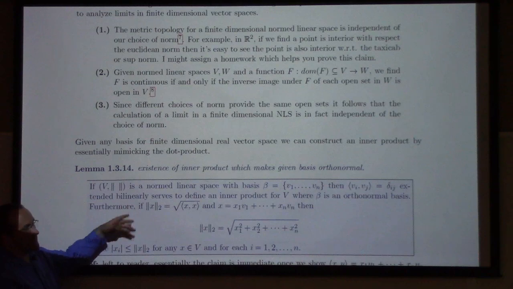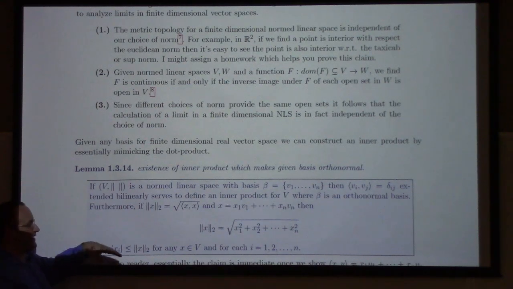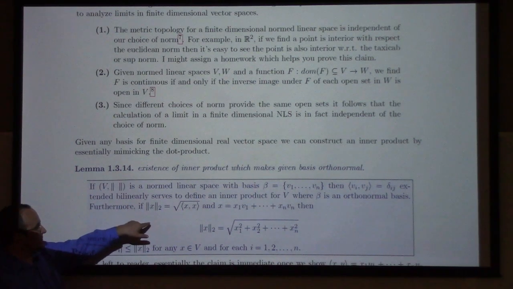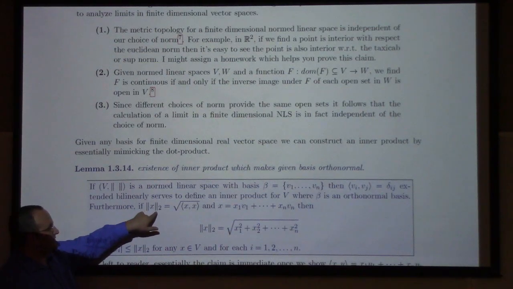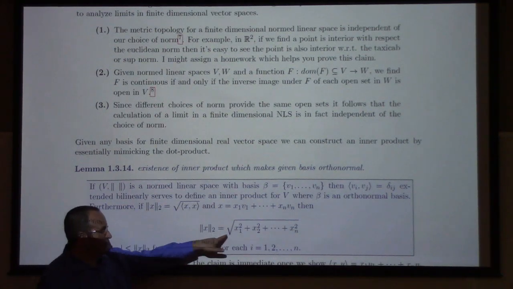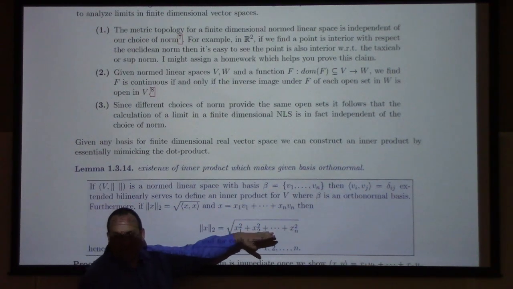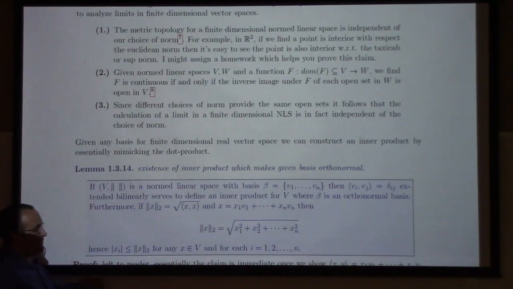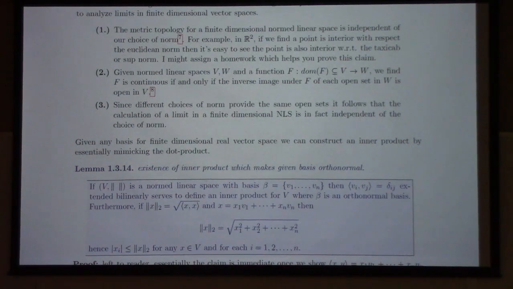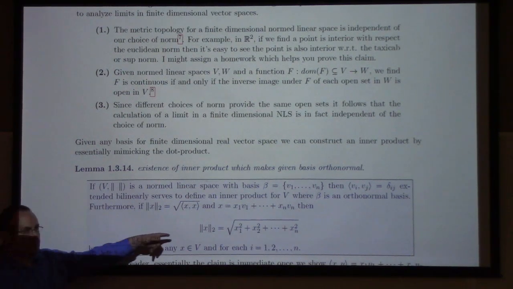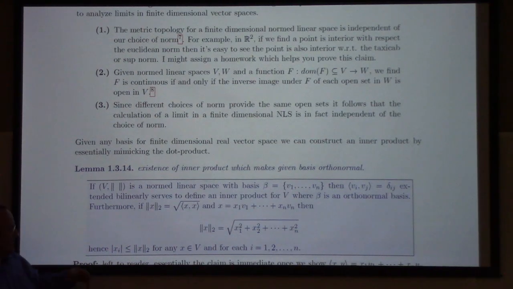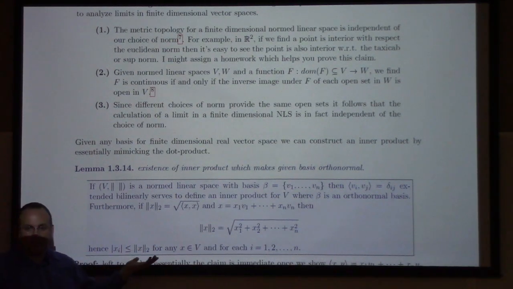I define an inner product, which is like a generalized dot product, by just saying the length of x is simply the square root of the sum of the squares of the components. This will define a norm on the vector space with basis beta, right? That doesn't have to match the norm which is given in the abstract, but it doesn't matter because if you calculate the limit with respect to this norm, it's going to be the same limit as if you calculate with the norm that's given in the example.